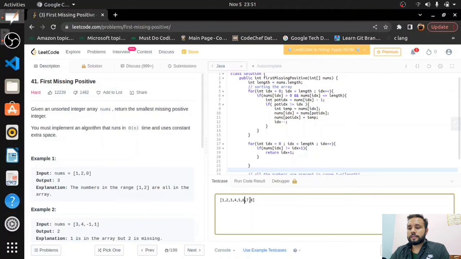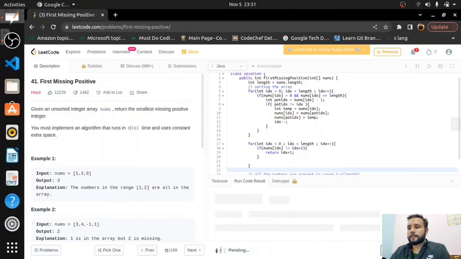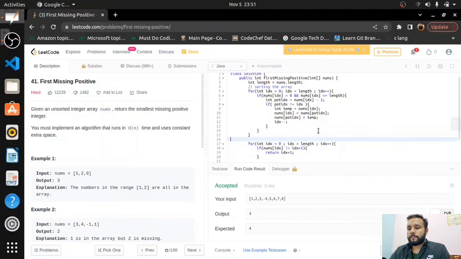And let's say if we have minus 4 here, it is giving 4. Then why is it giving TLE?